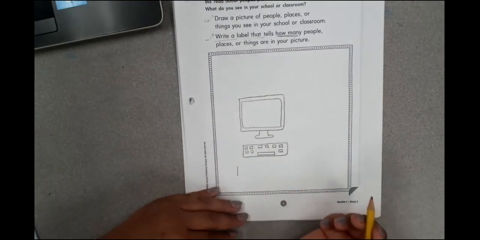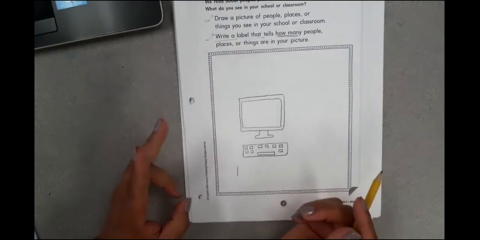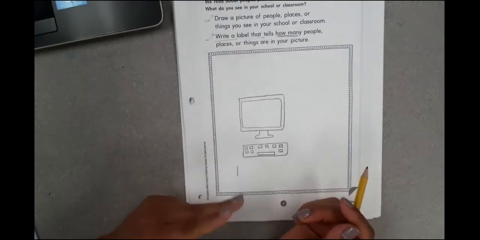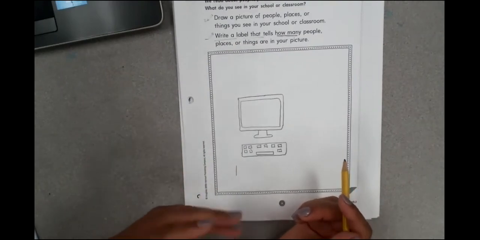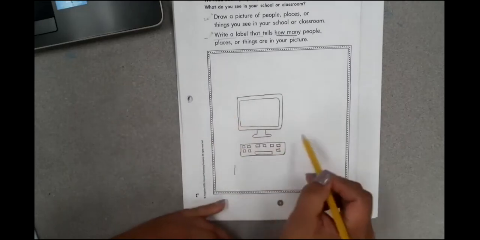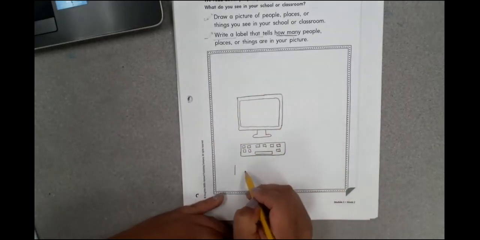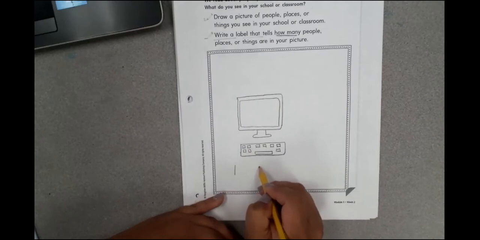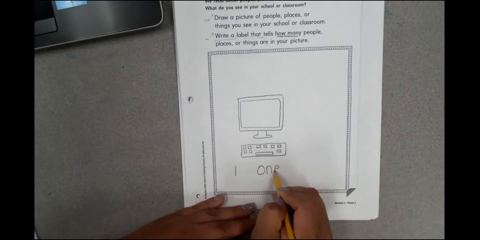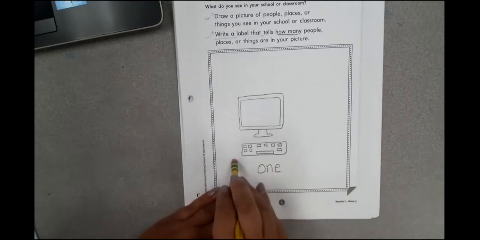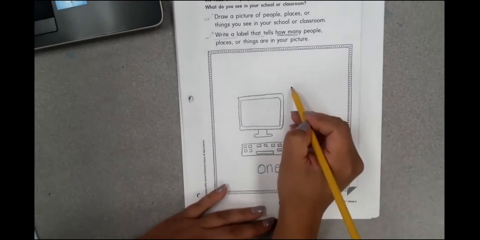If you draw two things, you say, I see 2 pencils, or I see 2 clocks in my house, I see 4 chairs, and you have to do a picture of that. So I'm going to write, like in the book, 1, and what did I draw? Computer. And this is what they call labeling.